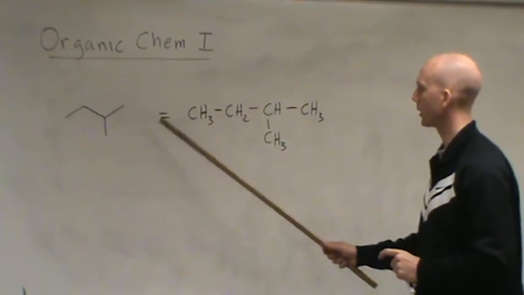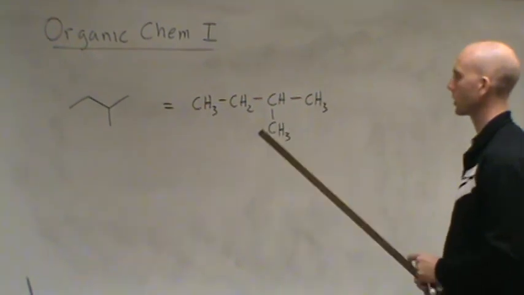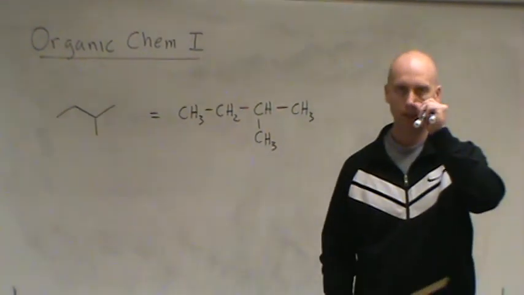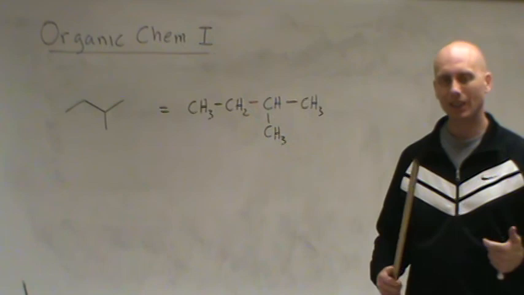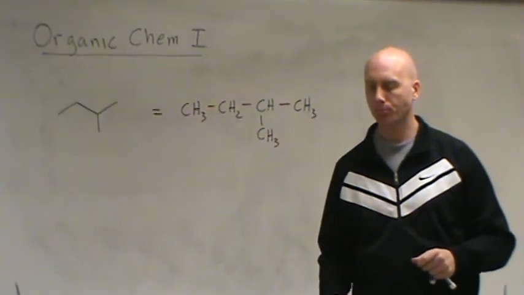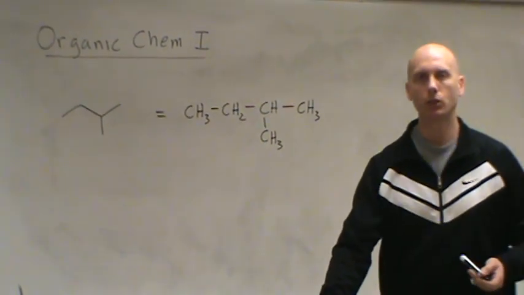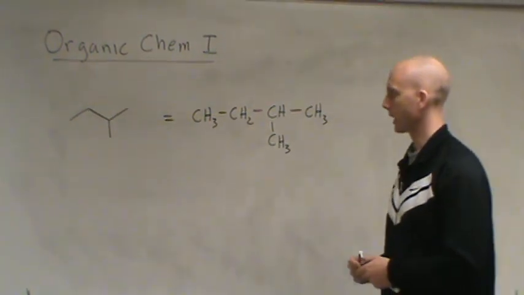The other end bond gives me 2 CH3s. Okay? So starting to see how this works a little bit. We're going to continue to do a bunch of these so that we make sure we have these down.